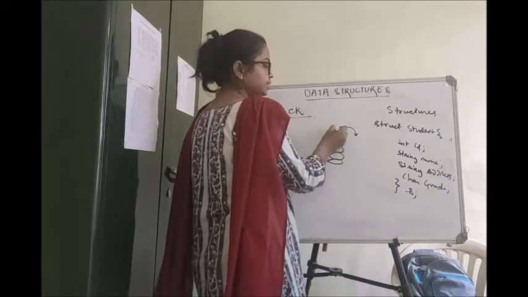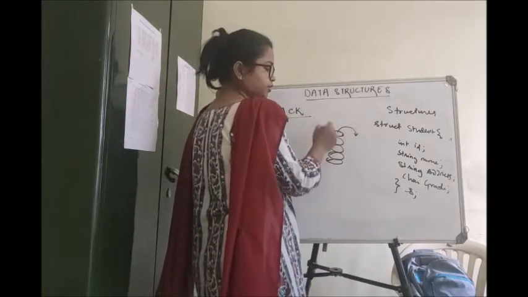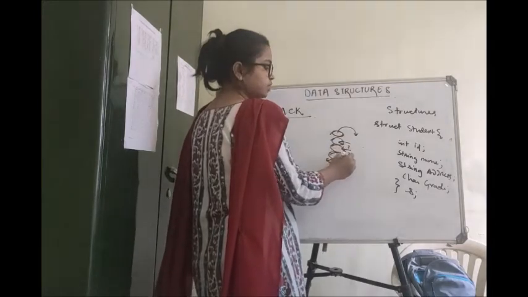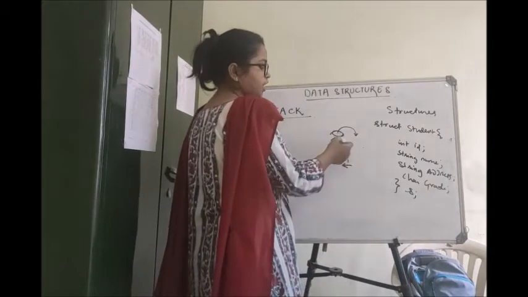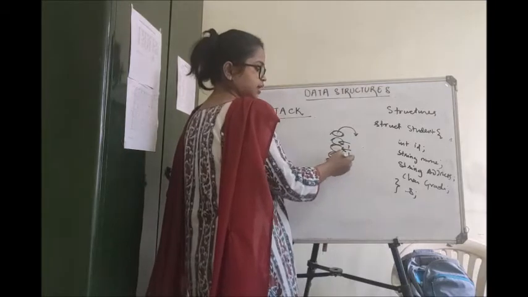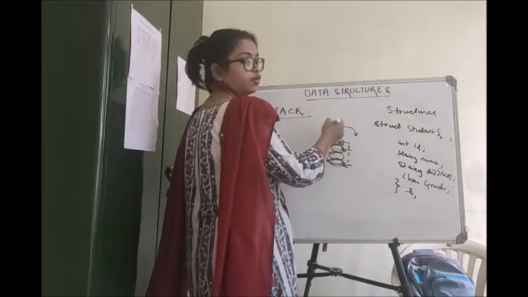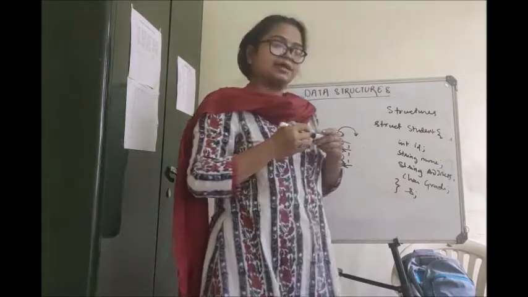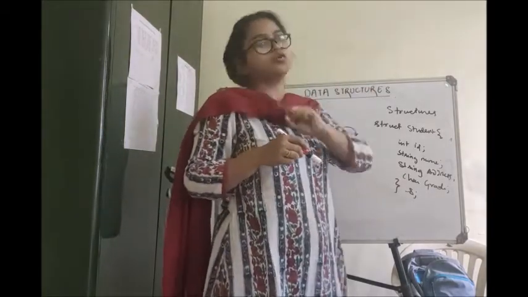After you have retrieved this, you can access the next one, then the next. So it goes from up to down. You cannot directly access the last element or the middle element before removing the element above it. So access of elements always takes place from the top.